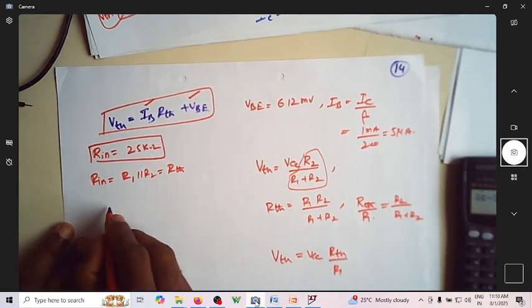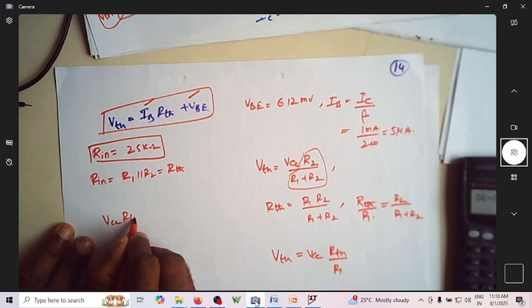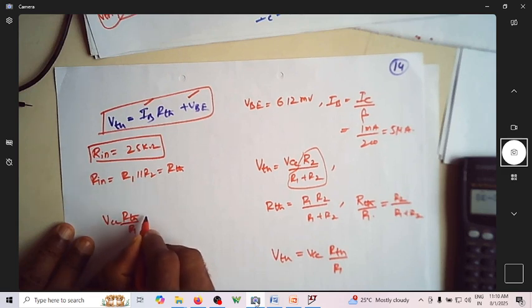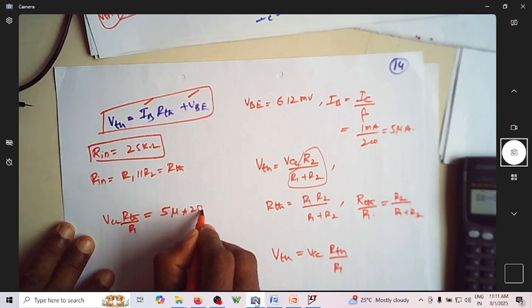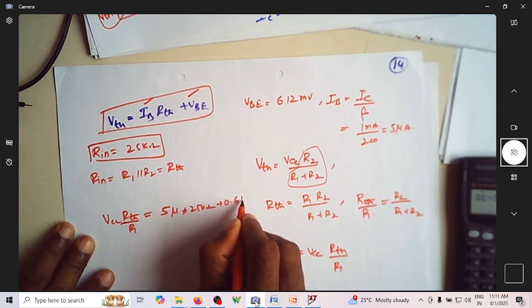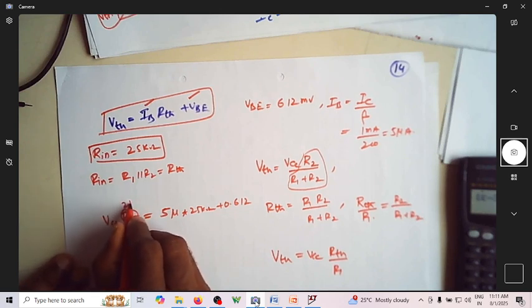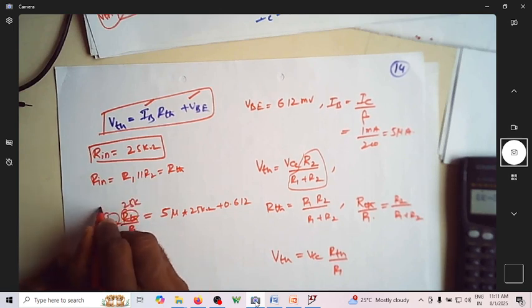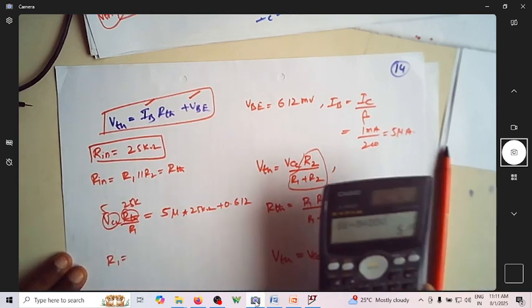So shall I write this as VCC into R Thevenin by R1 is equal to IB, which is 5 microampere, times R Thevenin, which is 25 kilo ohm, plus VB, which is 0.612. Of course this R Thevenin is again 25k, and VCC is 5. So I will now solve for R1. So what is R1 now?